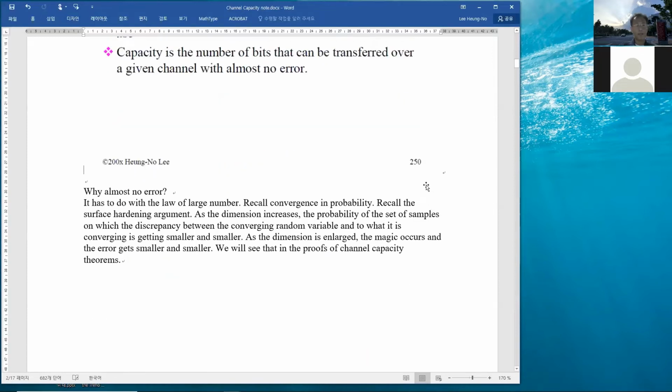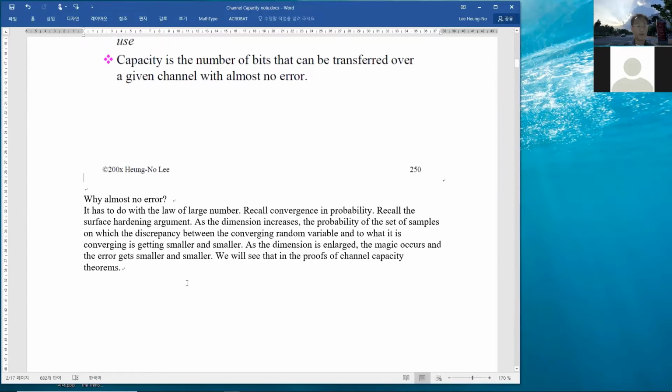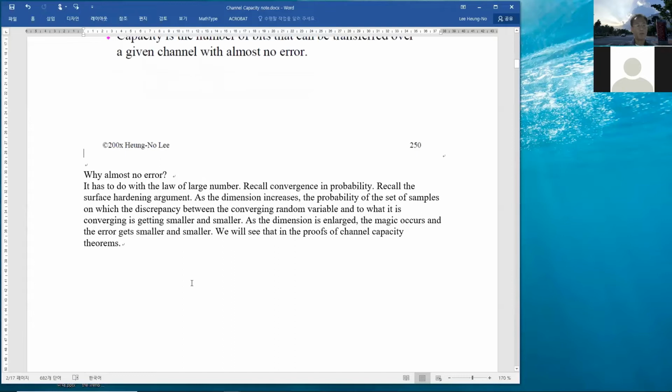And here I use the term "with almost no error," and here is the explanation. Why almost no error? It has to do with the law of large numbers that we have discussed in previous lectures. Recall the convergence in probability. Recall the surface hardening argument.